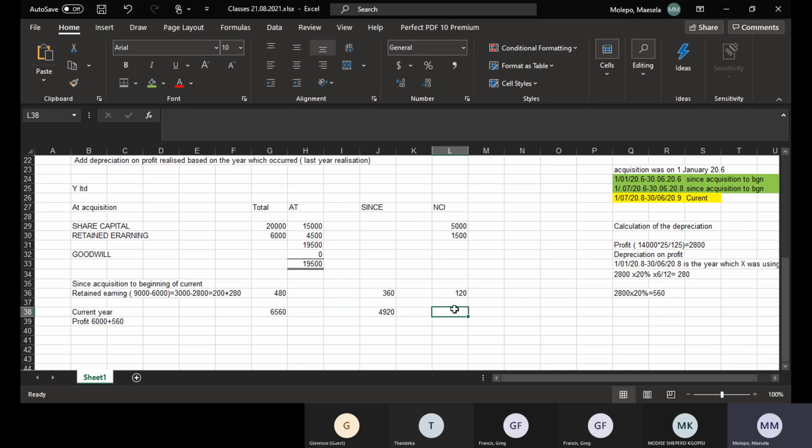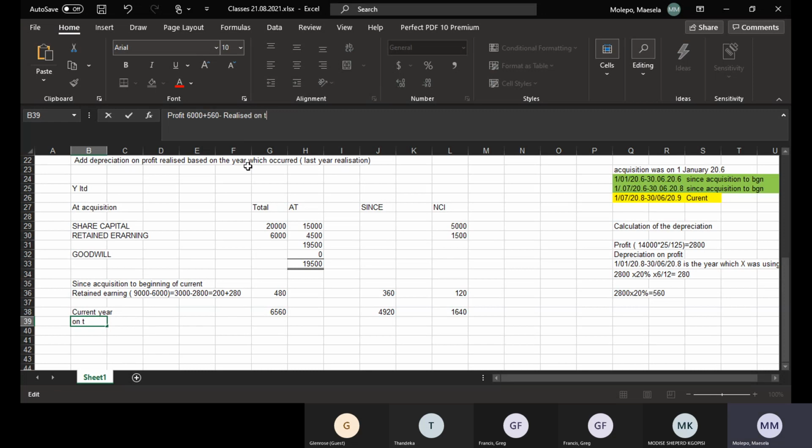And then the difference will be the 1,640. Then that's how our analysis got affected. So this is based on the profit realized in the current year and the 560 of the depreciation on profit realized in the prior year. So the 560 here was realized in the prior year.